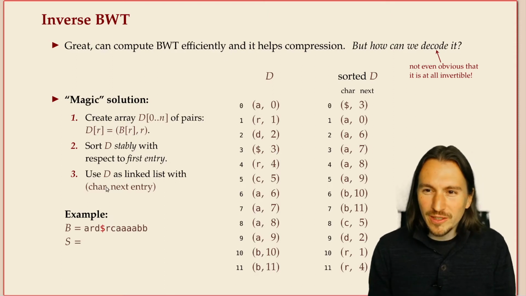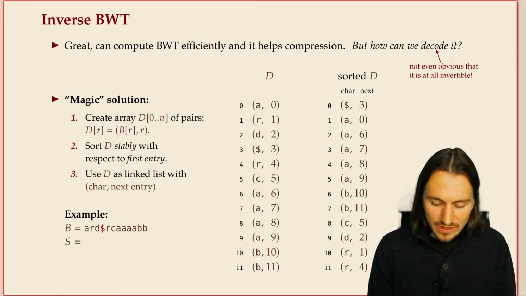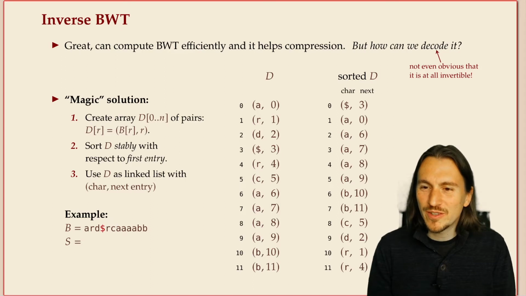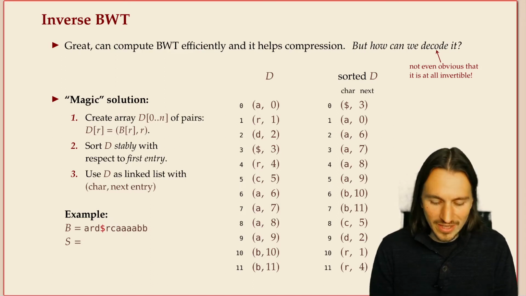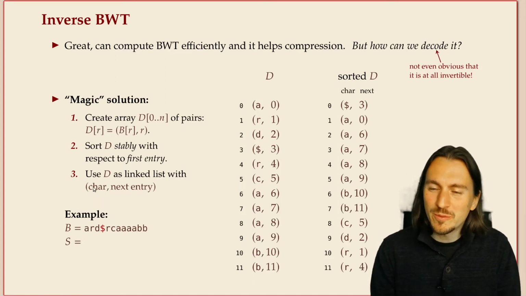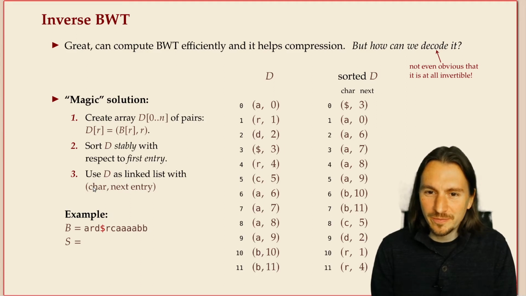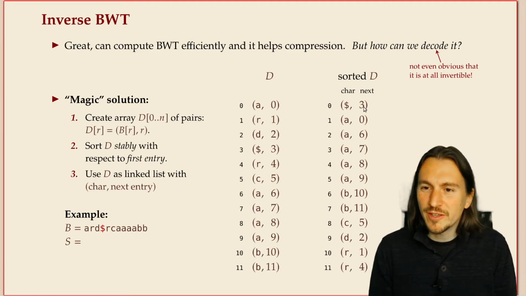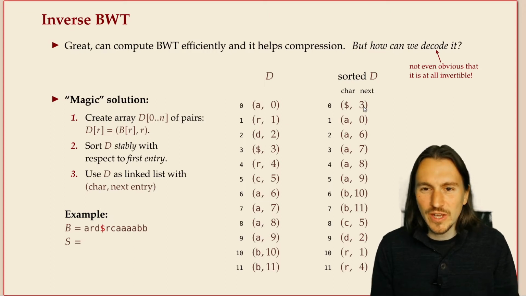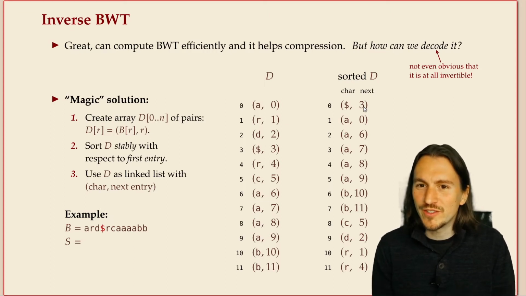And now we simply reinterpret this list as a linked list representation for the original text. Namely, the first component gives me the next character, and the second component tells me where to jump to get to the next entry. That's exactly like we use pointers in singly linked lists. And that gives you the text in the original text order.